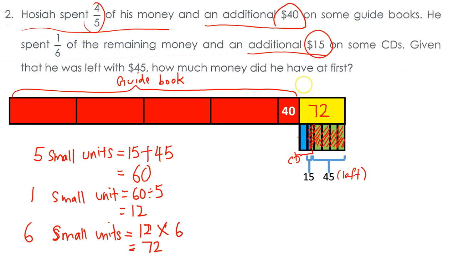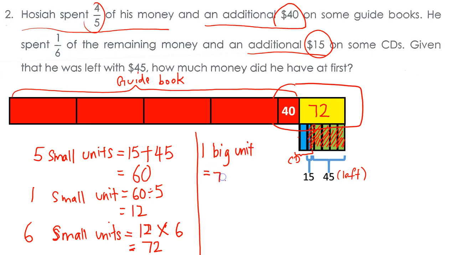Now can you see that if you add the 72 and 40, you actually get the total for one big unit? So we have another column here. We moved on. So you notice that in fact one big unit is actually the same as 72 plus the additional 40 over here that's taking up the space, which gives me 112.